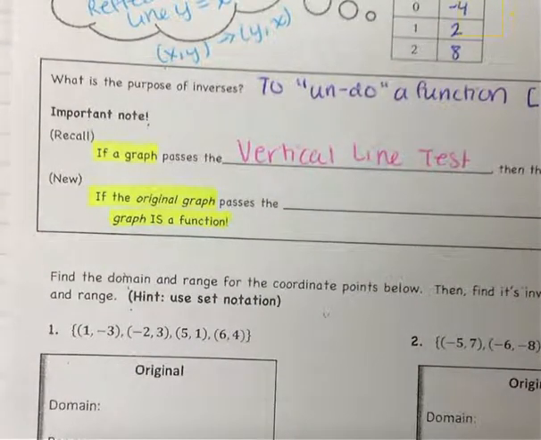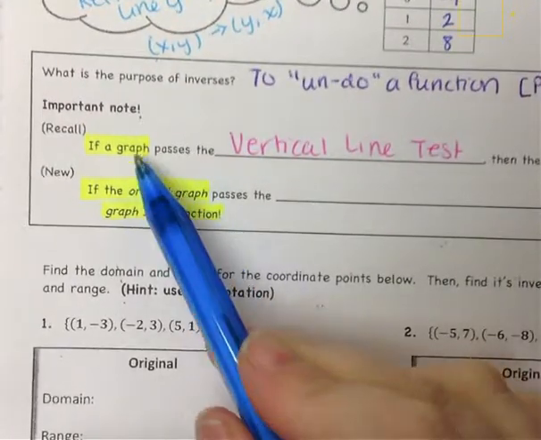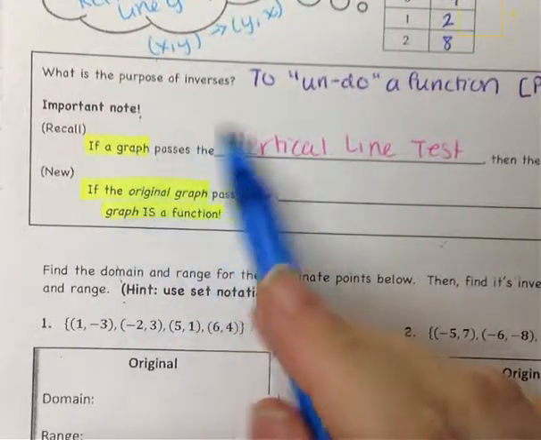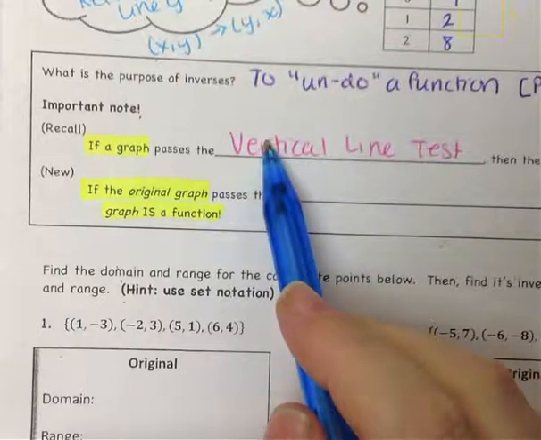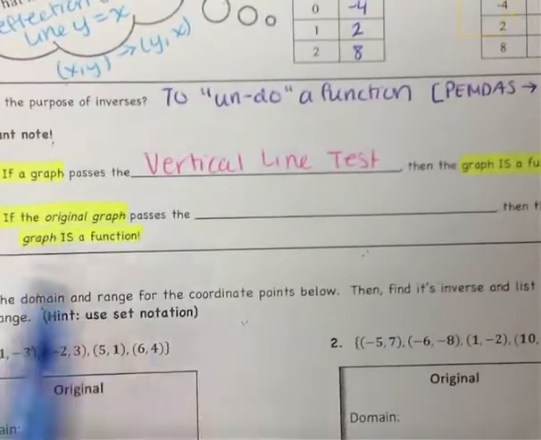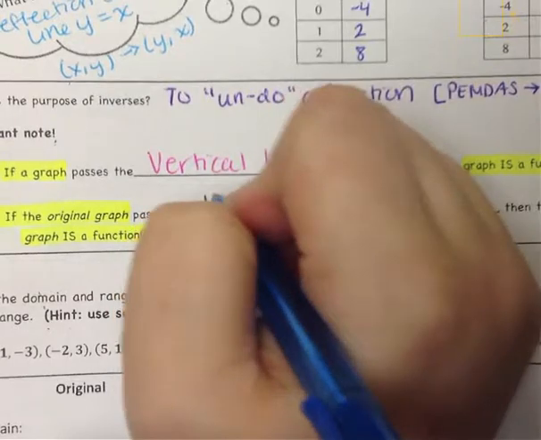So what's the inverse of a vertical line? If we still are going to be using the original graph, but instead of looking at the vertical line, we're going to look at the horizontal line test.